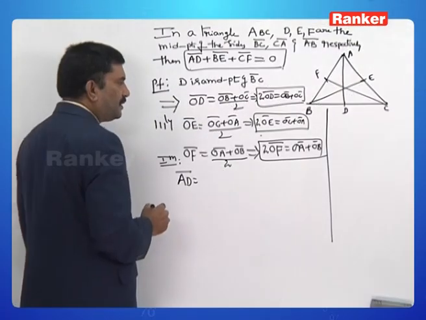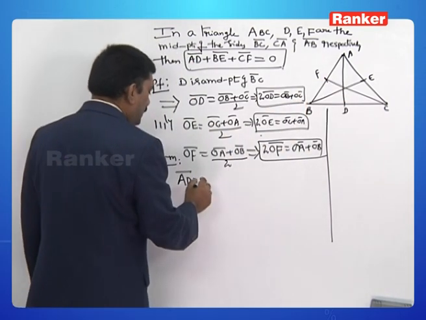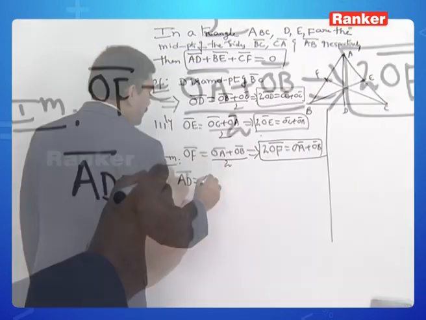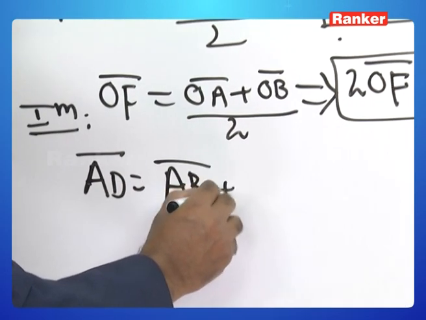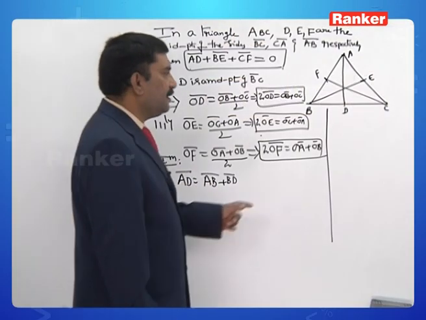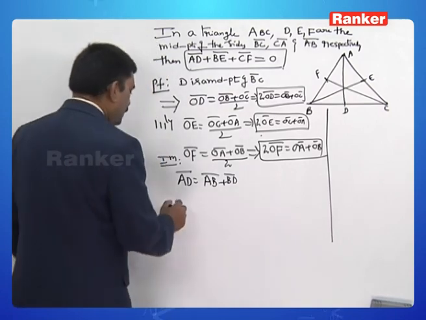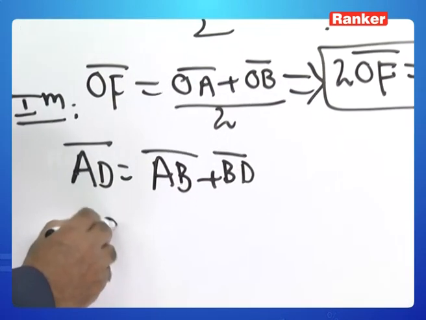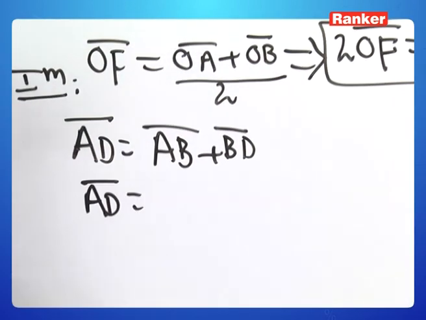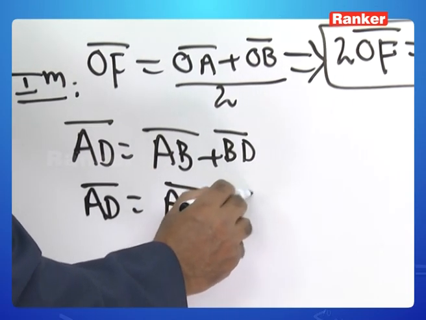First method: AD bar, from this triangle by vector addition, AD bar is equal to AB bar plus BD bar. Similarly, in the same fashion, from this triangle, by using vector addition, I can write AD bar is equal to AC bar plus CD bar.